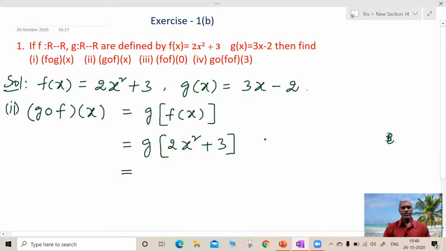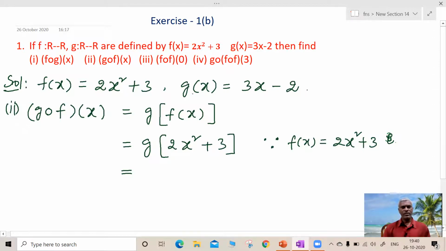Now, since f(x) is equal to 2x² + 3, this is only a g function. In the g definition, you can find g(1), g(0), g(2), just like that. For g(0), we substitute 0 in place of x.